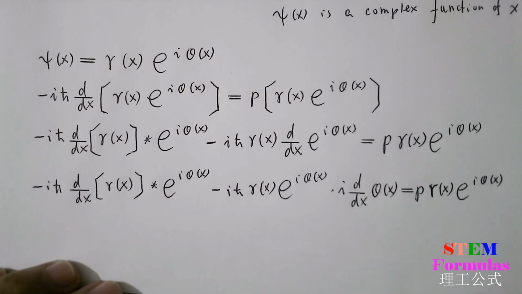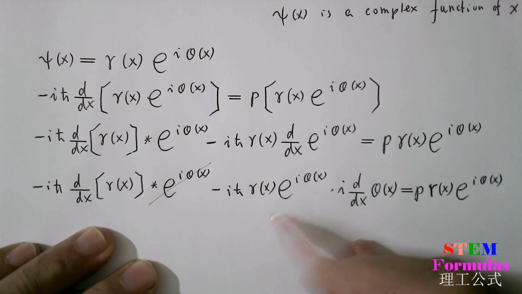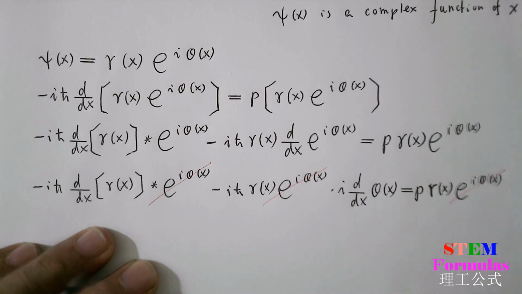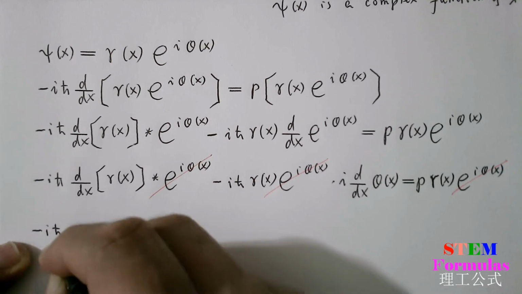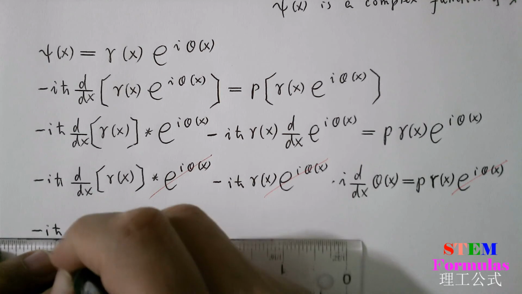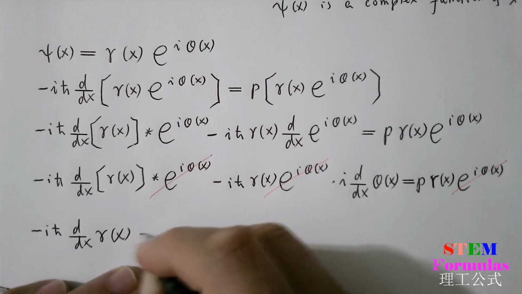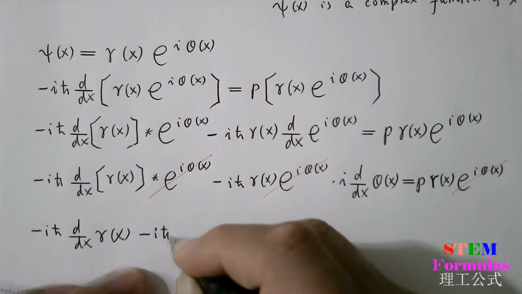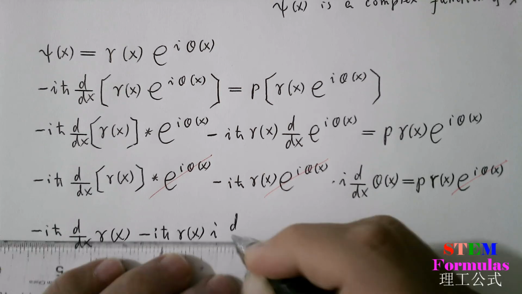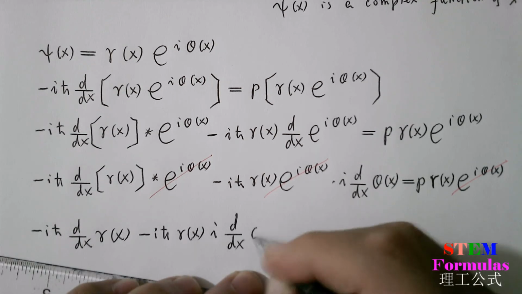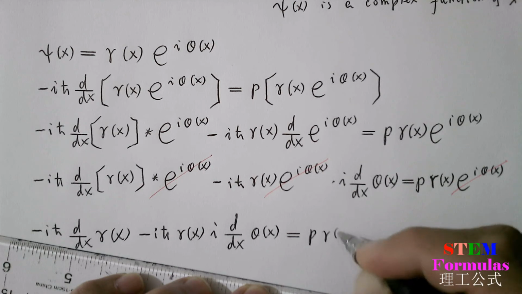So I have here equal minus i h bar d/dx r of x minus i h bar r of x i d/dx theta of x equal p r of x.